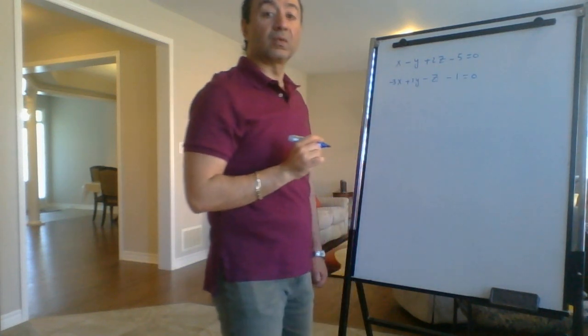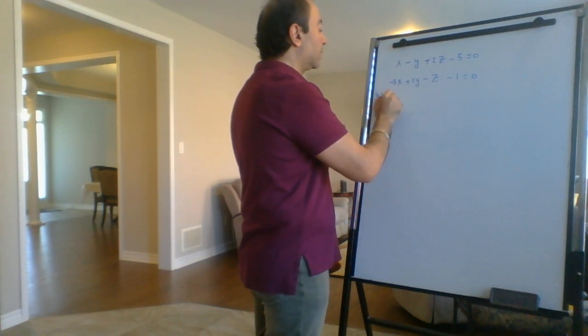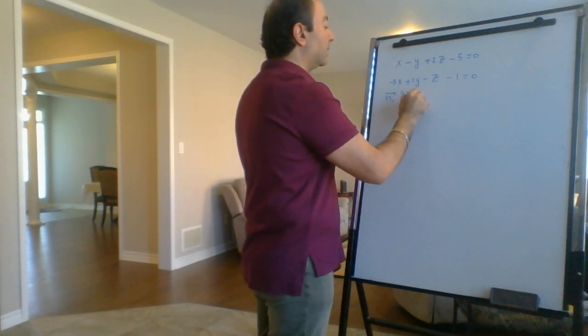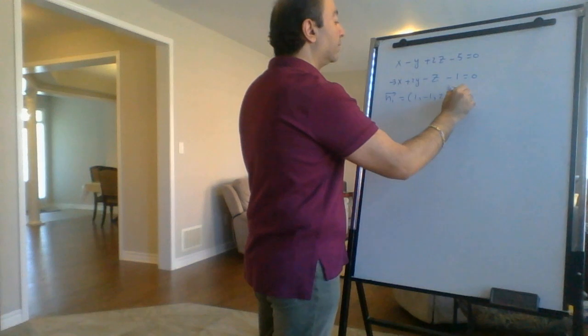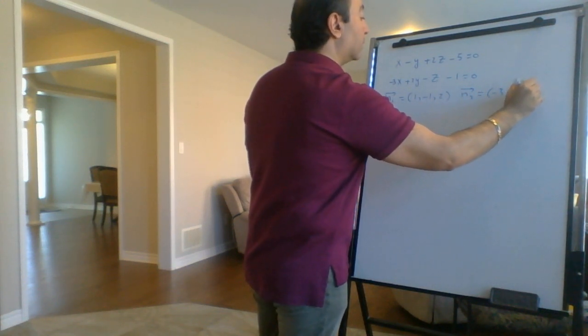And I want you to find the angle between these two planes. So n1 will equal 1, negative 1, and 2. n2 will equal negative 3, 2, and negative 1.